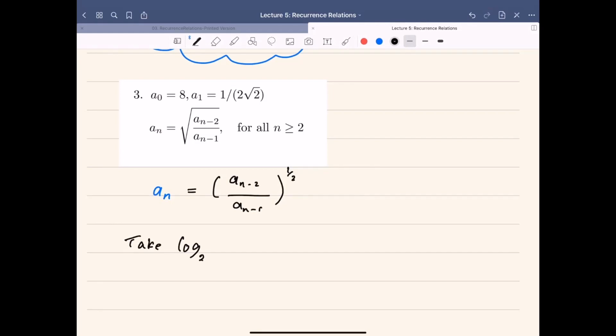Why log 2? We will see later, because if you want to find the constants, we have powers of 2 in the constants, so it will not create too many constants. However, you can use any log, even ln if you wish. So take log 2 on both sides.